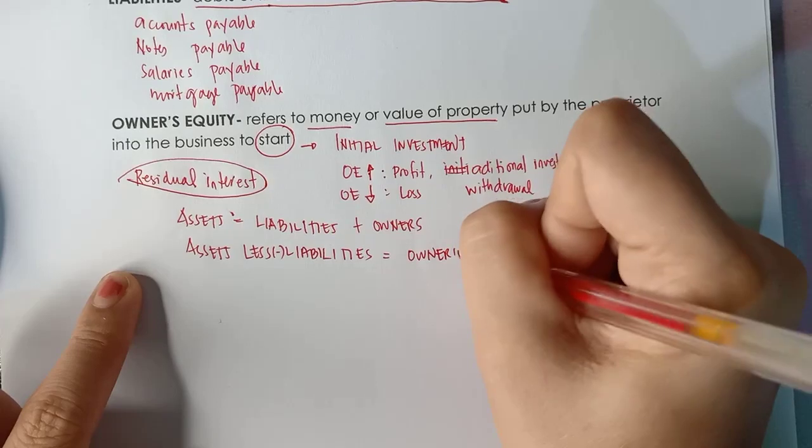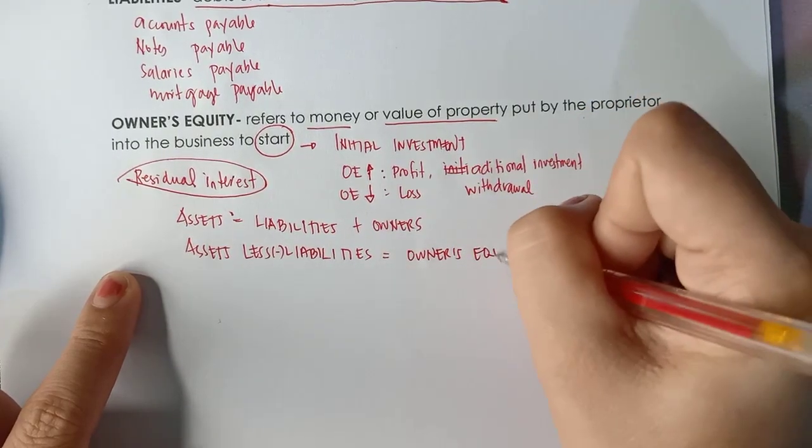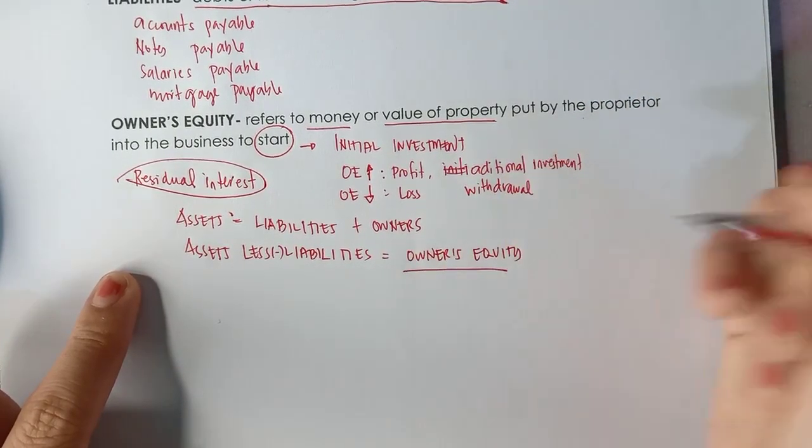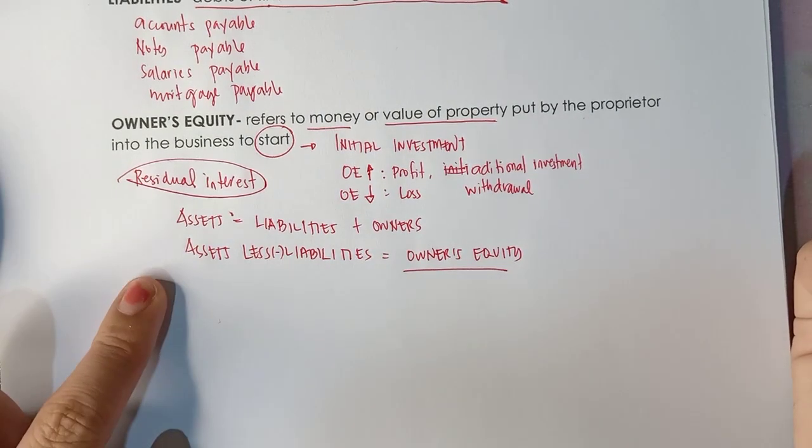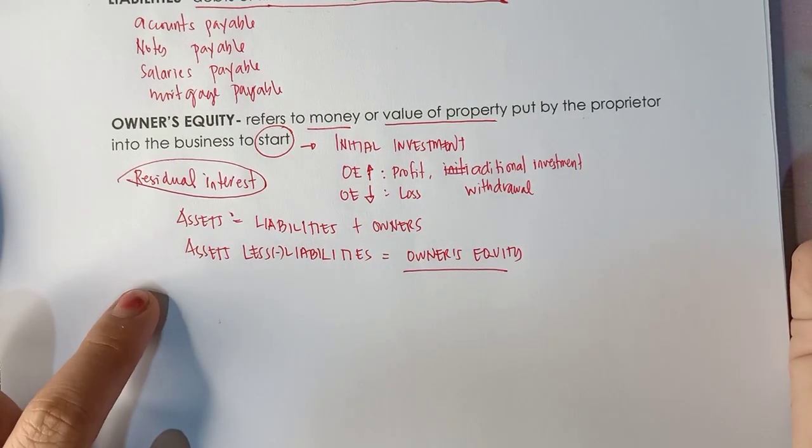That is why owner's equity is considered the residual value, which is assets less all the liabilities.